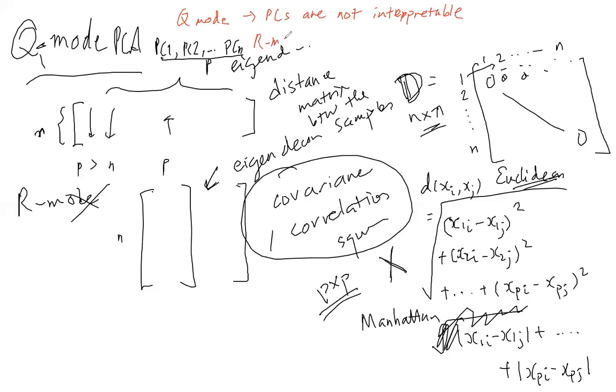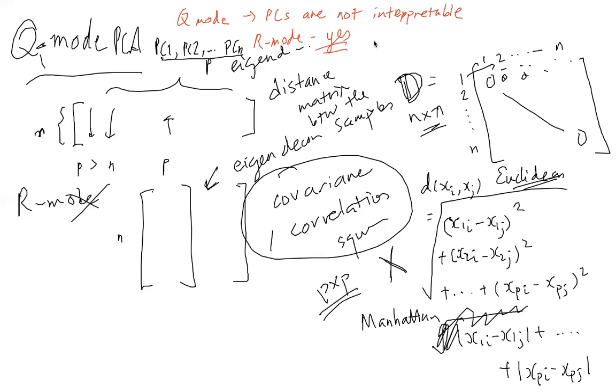In R mode, yes, they usually are interpretable, which means you can relate the principal components to the variables, and how certain variables influence the pattern of clustering in your principal component space. Q mode, no such thing.